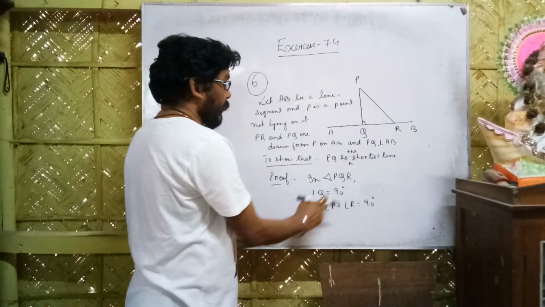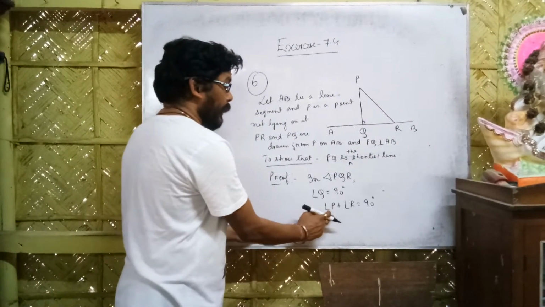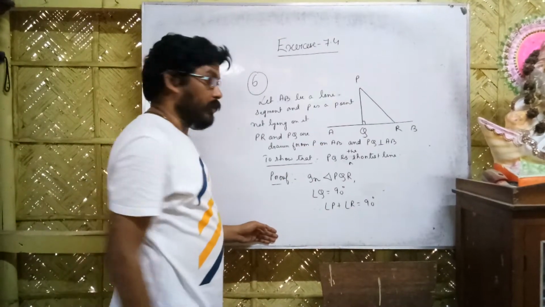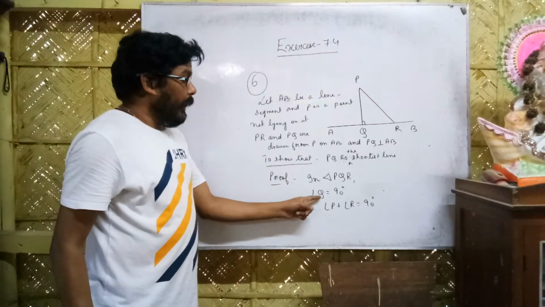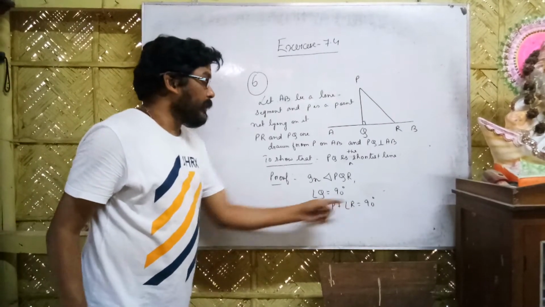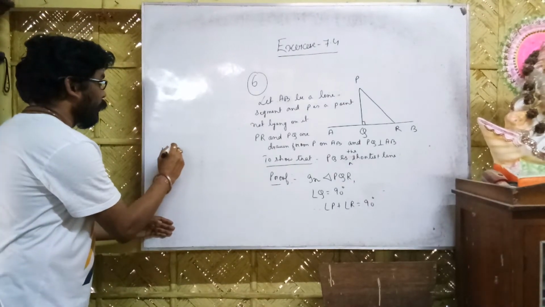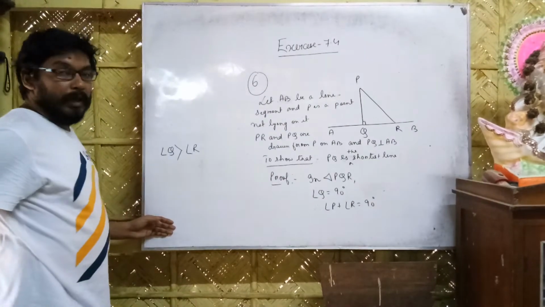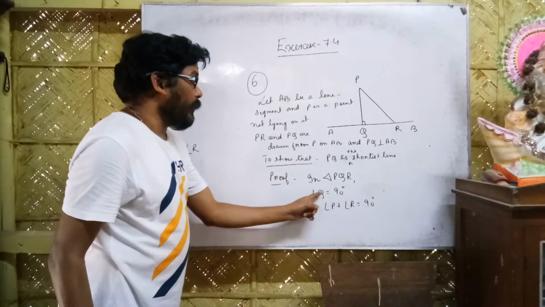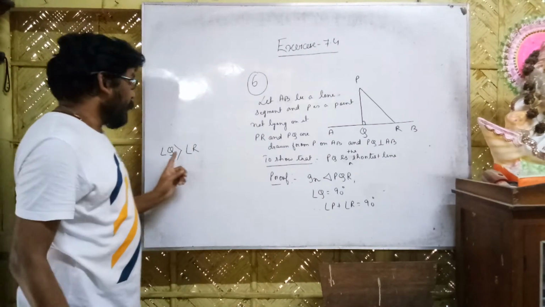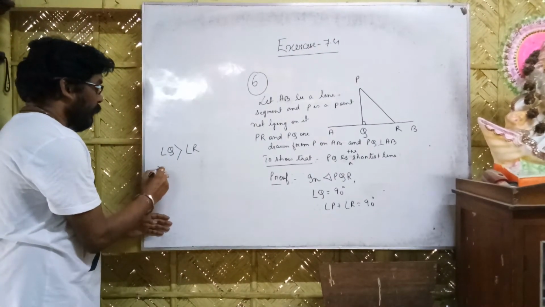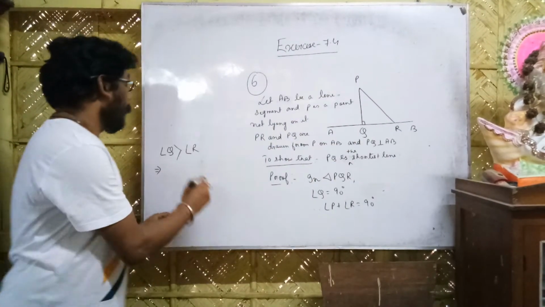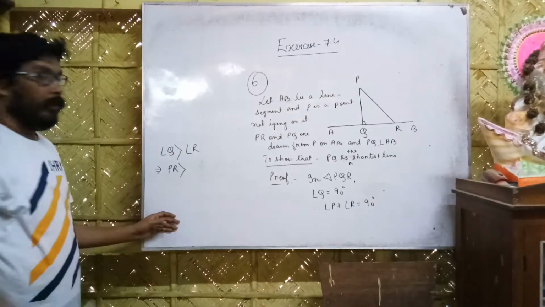In triangle PQR, angle Q equal to 90 degree. Therefore, angle P plus angle R equal to 90 degree, because sum of 3 angles of a triangle is 180. So Q alone is 90 and P and R sum is 90. So what you can write? Angle Q greater than angle R. If angle Q is greater than angle R, angle Q opposite side is PR.